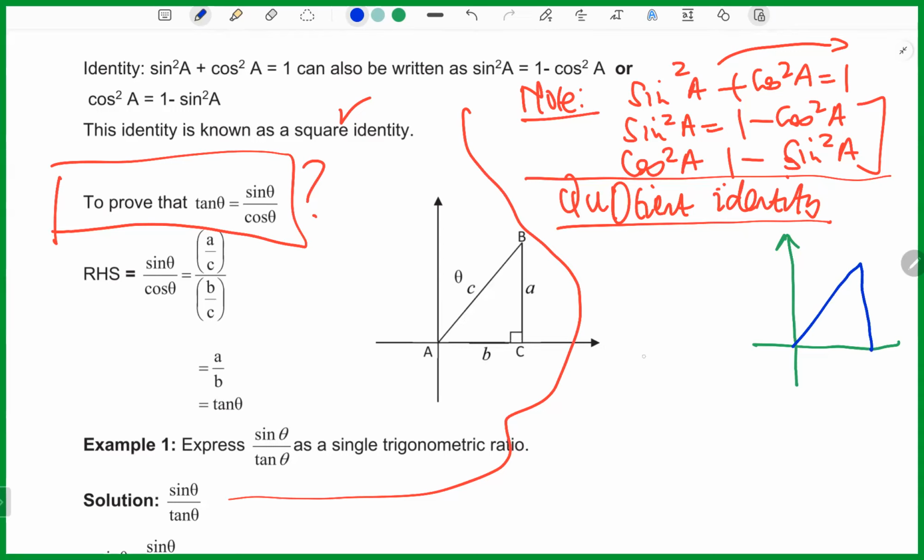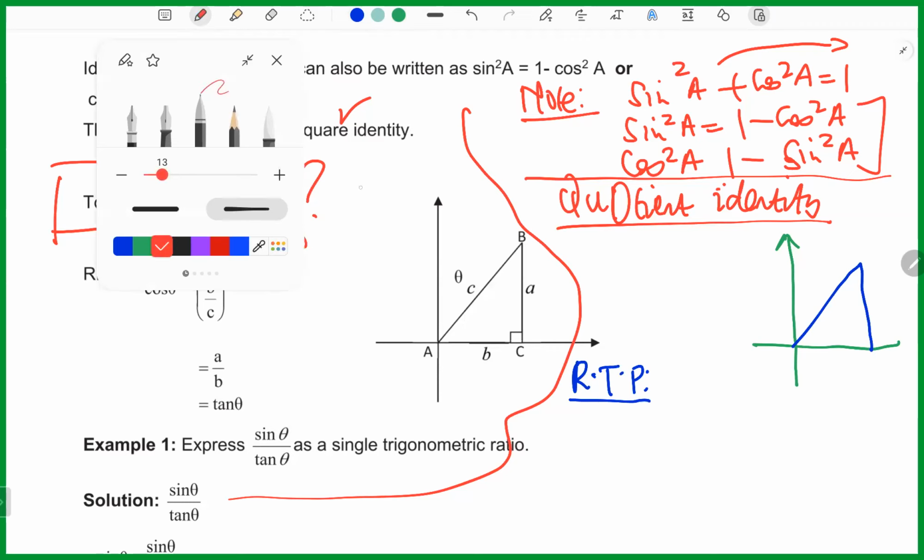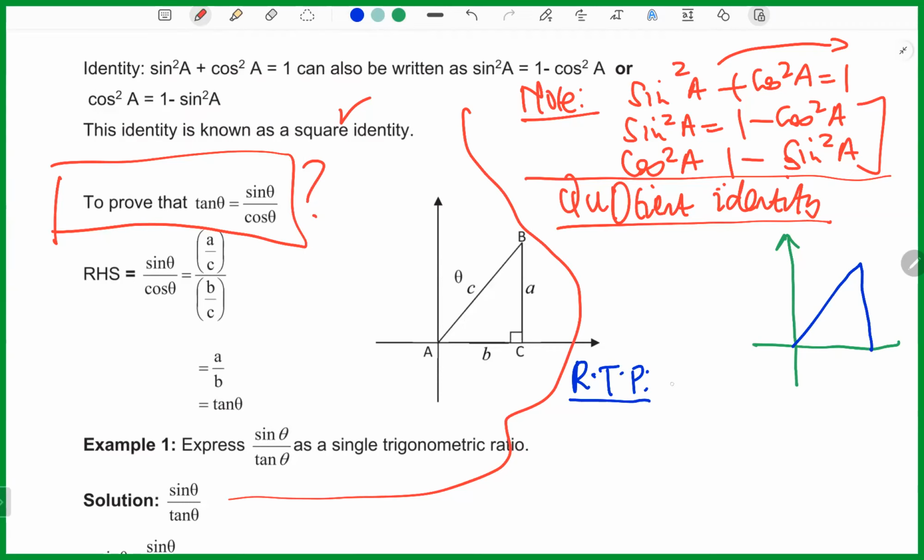Obviously, we are required to prove that, for example, the tangent of theta is always the sine over the cosine.